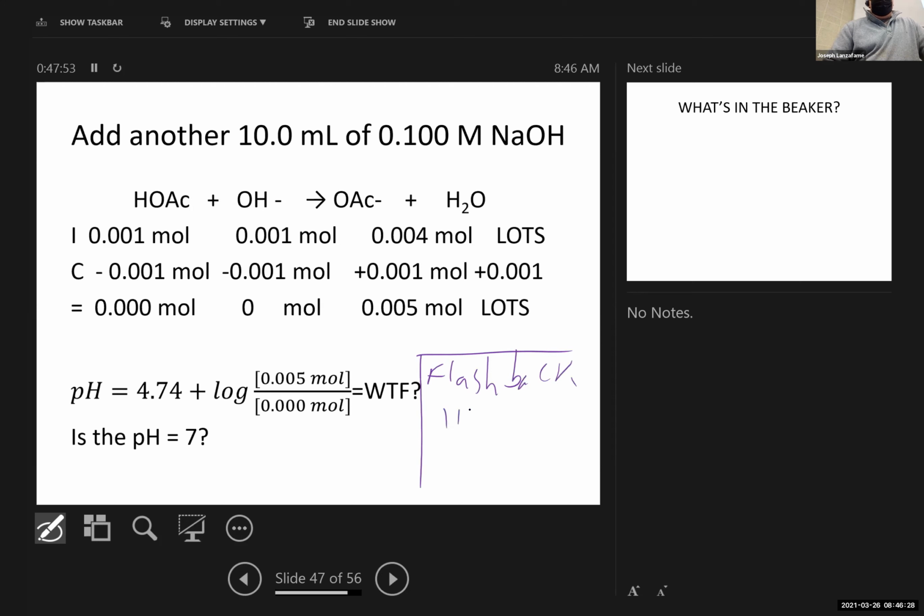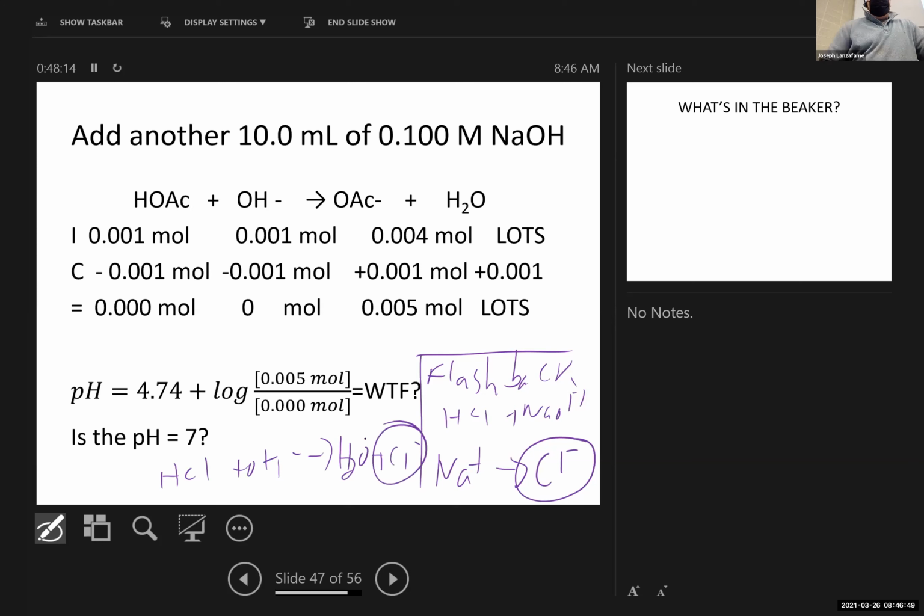When I was doing HCl and NaOH, I had Na plus initially as a spectator, right? And then I also made Cl minus in the neutralization reaction because HCl plus OH minus gave me water plus chloride, right? The chloride as the conjugate base of a strong acid, again, classic spectator, right?